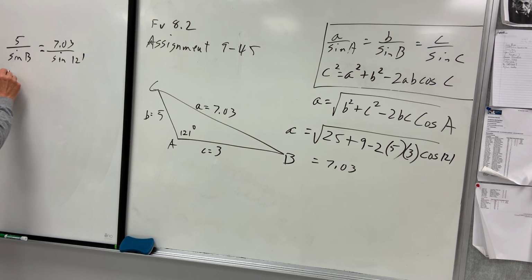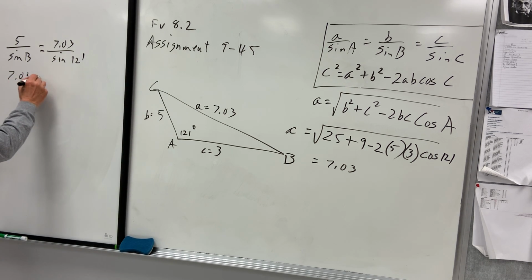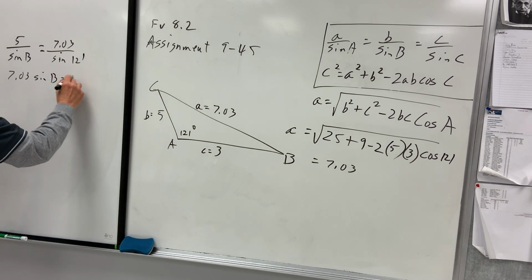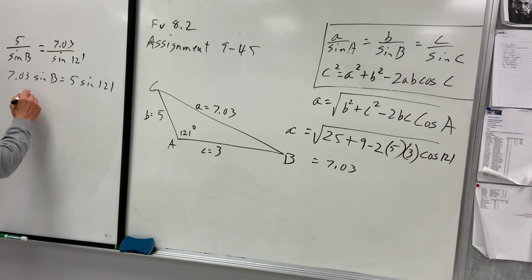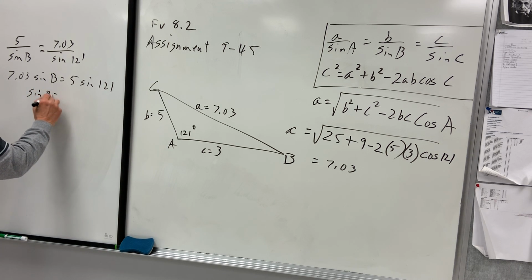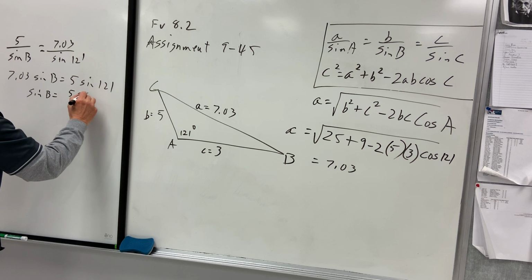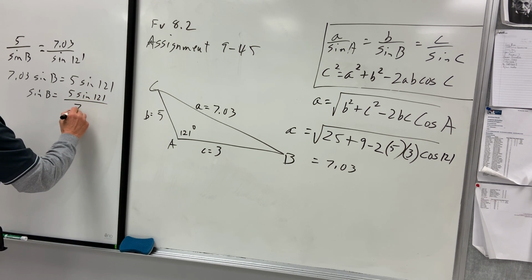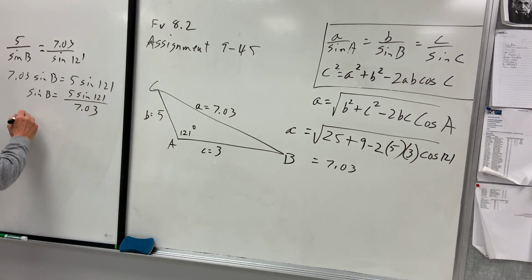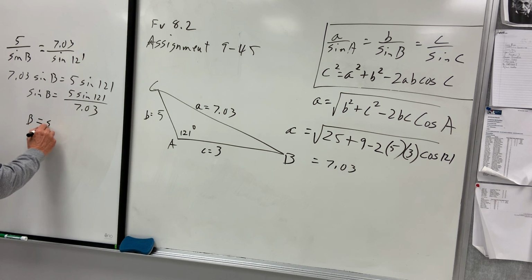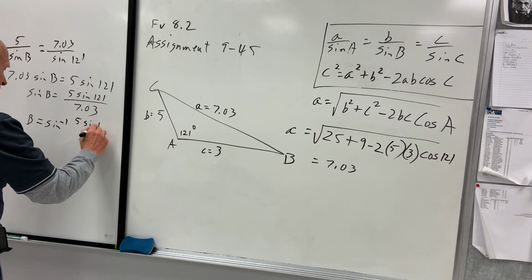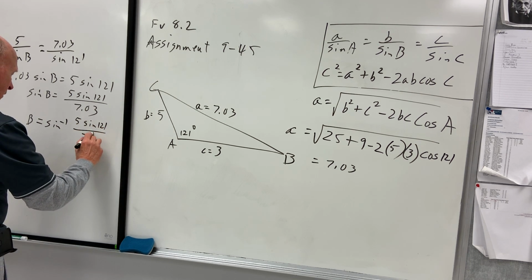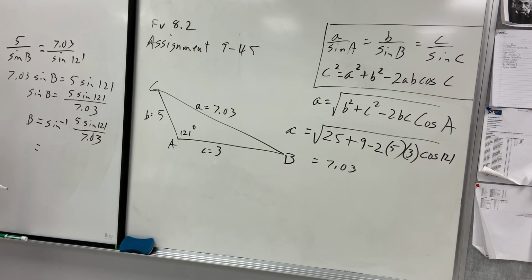That would tell me that 7.03 sine B is equal to 5 sine of 121, or that sine B is equal to 5 sine of 121 divided by 7.03, which would imply that B is equal to arc sine of 5 sine of 121 over 7.03.